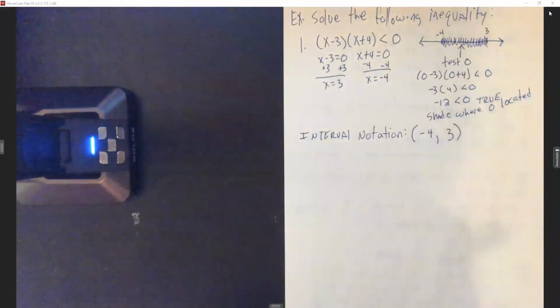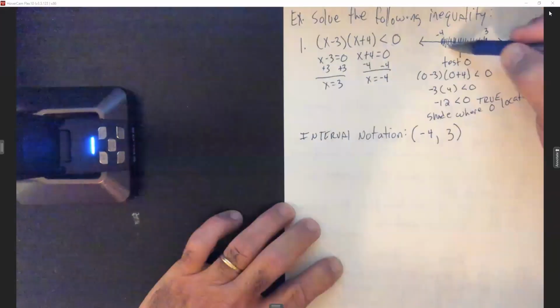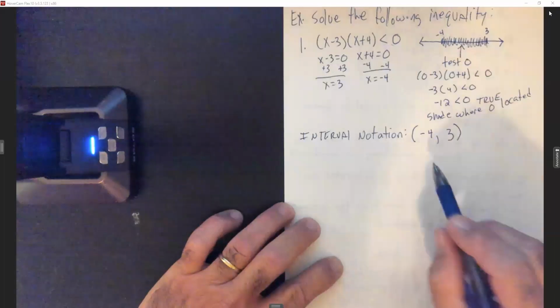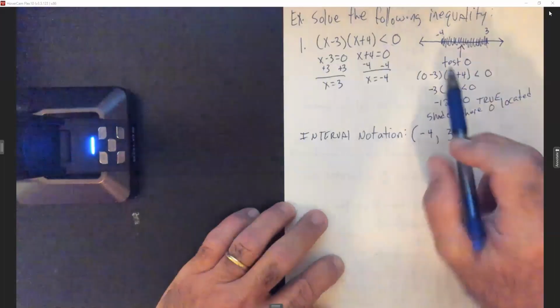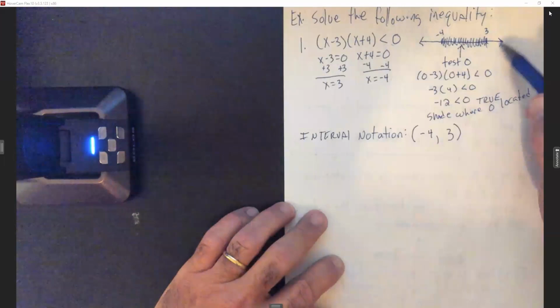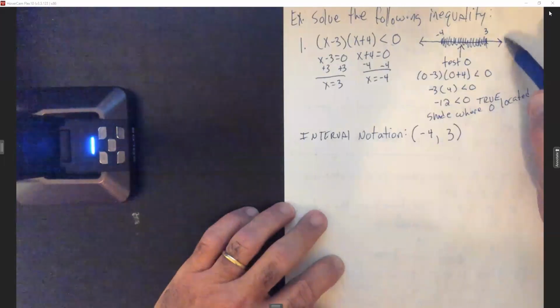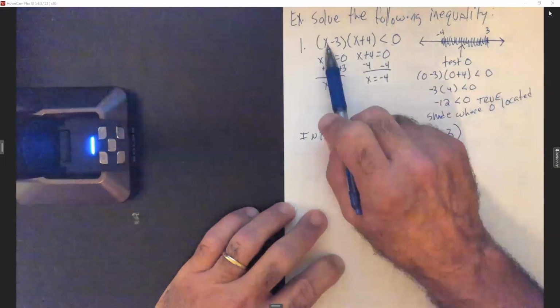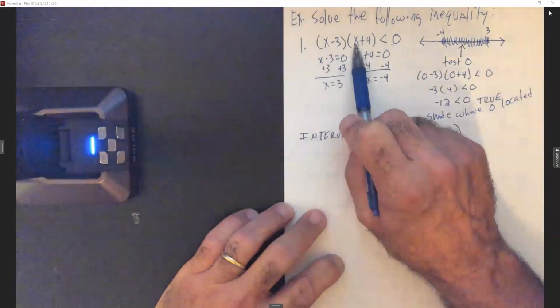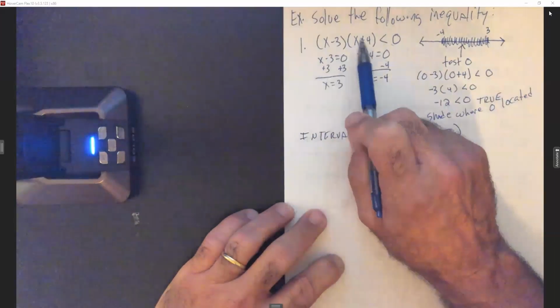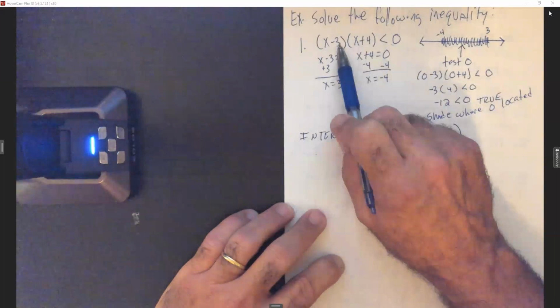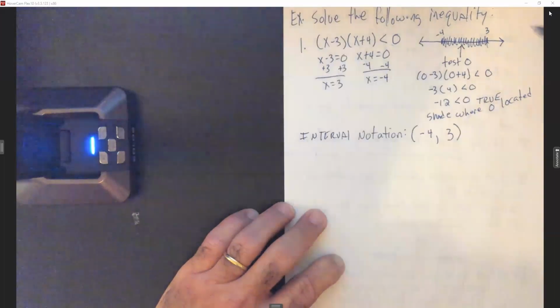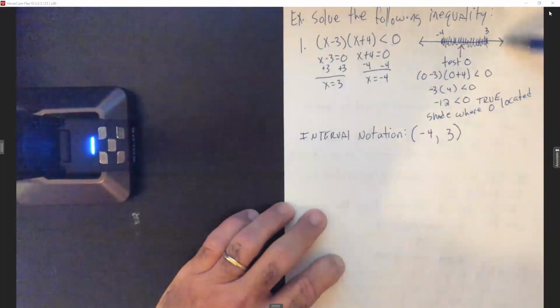Final answer. So since I only had this one part shaded, I had one interval. Now, over here, if you wanted to put numbers like 4 in it and 5 in it, well, 4 minus 3 is 1. 4 plus 4 is 8. And 8 times 1 is not less than 0. That's why anything after that 3 cannot be shaded, okay?